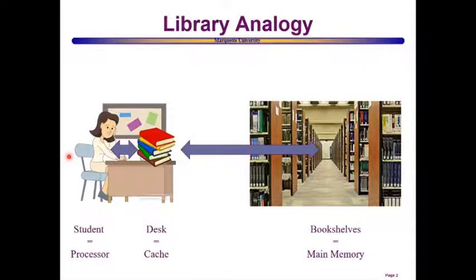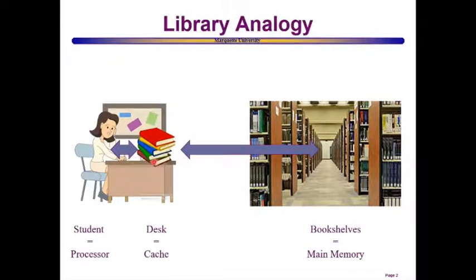The idea is that the student is working on the assignment, and whenever some information is needed from a certain book, the student goes and fetches the book and places it on the desk.